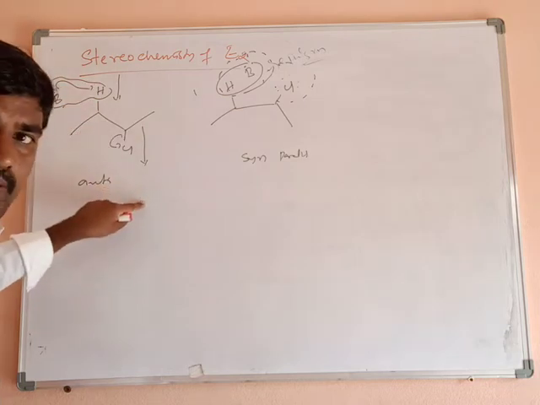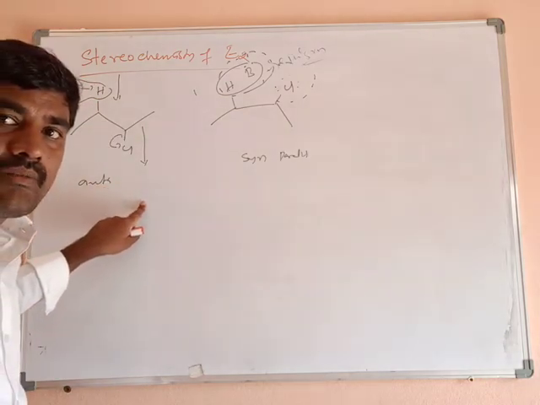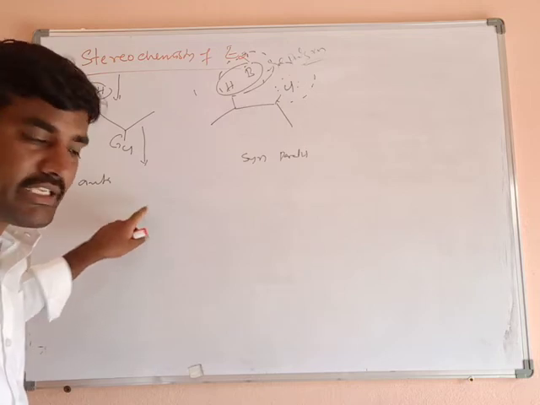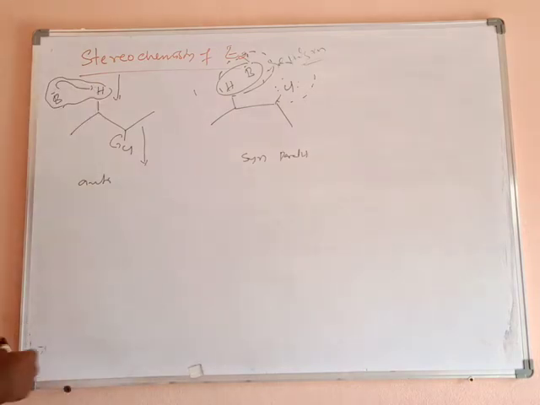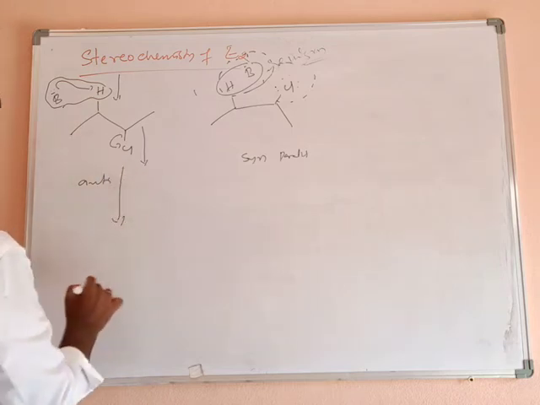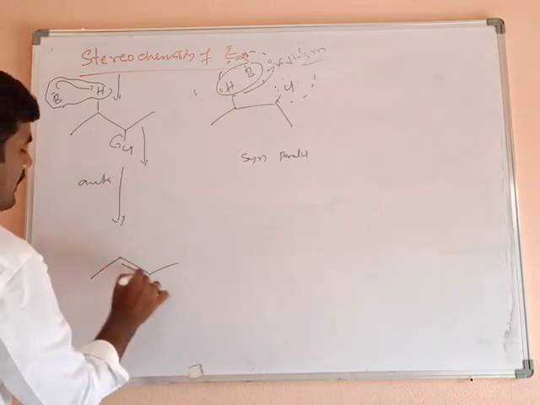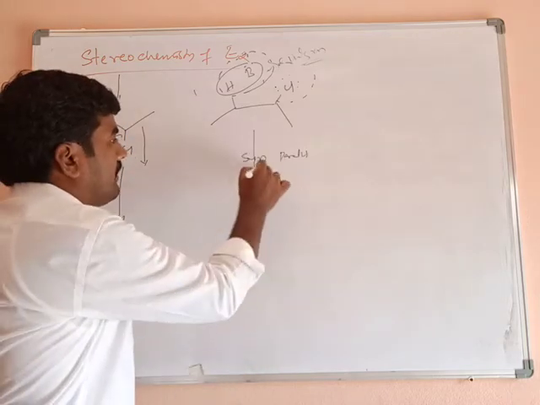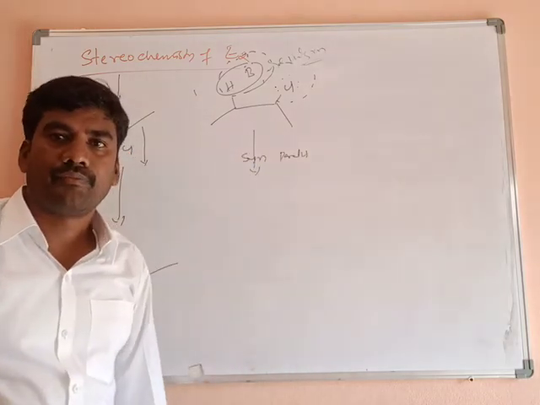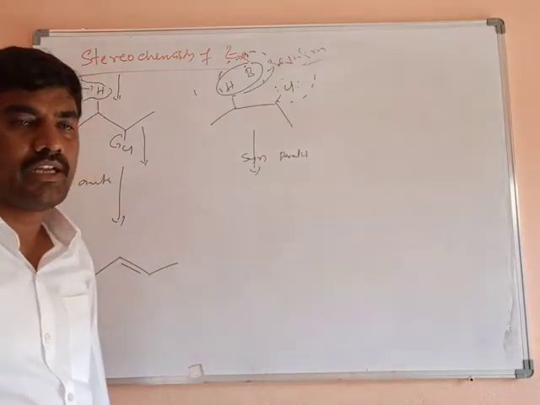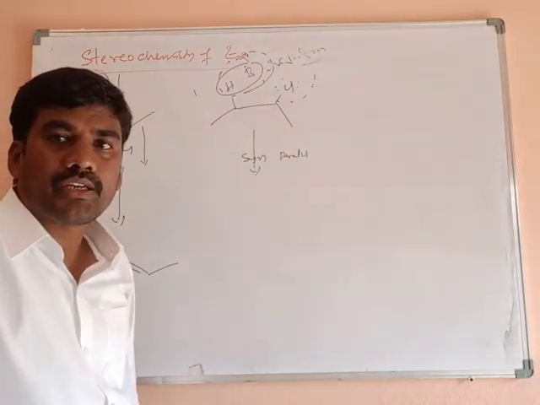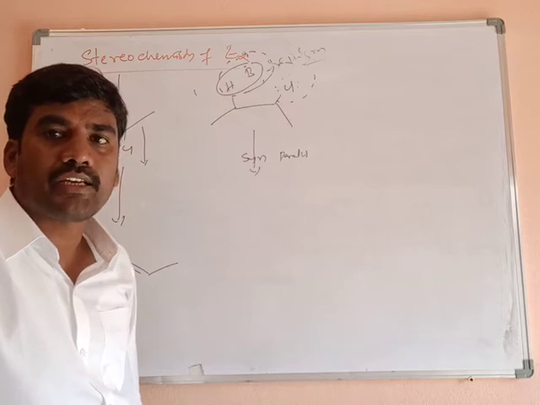What about here? Now the base is coming in this direction. Halogen cleavage takes place here. The bond cleavage takes place easily in this case. So we will get an alkene like this. Clear? Understand? What about the other case? It becomes hard because the base is unable to approach the proton, because the halogen has the highest electron density.